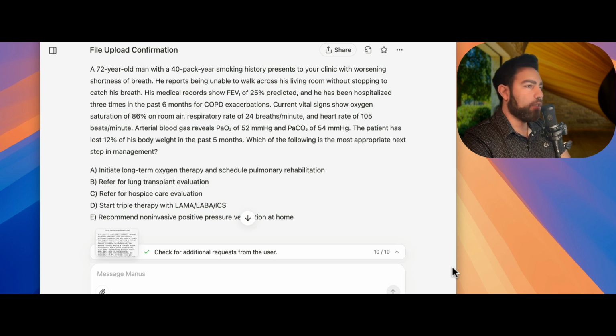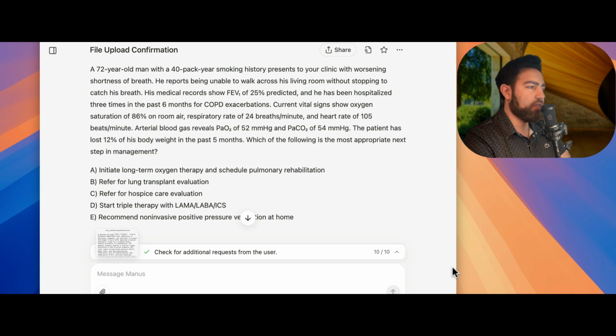The current vital signs show oxygen sat of 86% on room air, respiratory rate of 24, heart rate 105, ABG shows a PaO2 of 52 and a PaCO2 of 54. The patient has lost 12% of his body weight in the past 5 months. Which of the following is the most appropriate next step in the management of this patient?